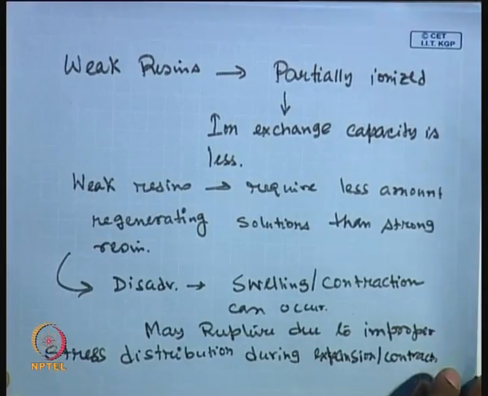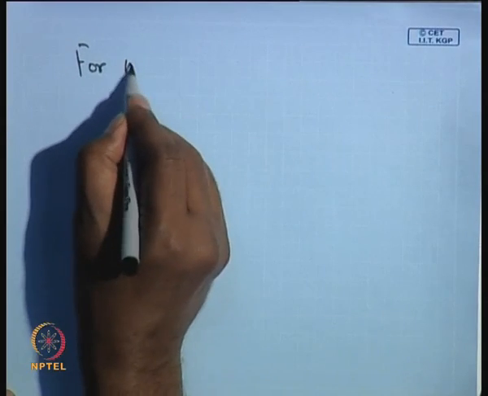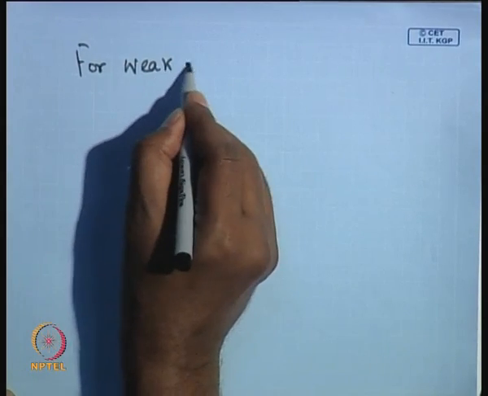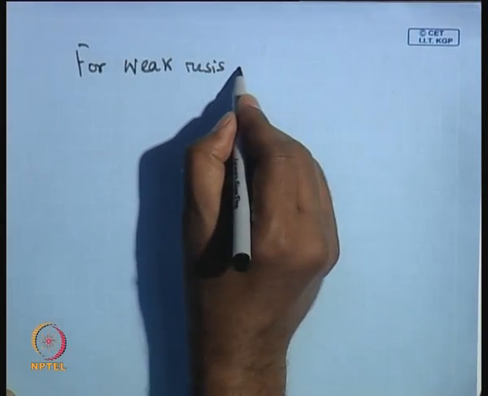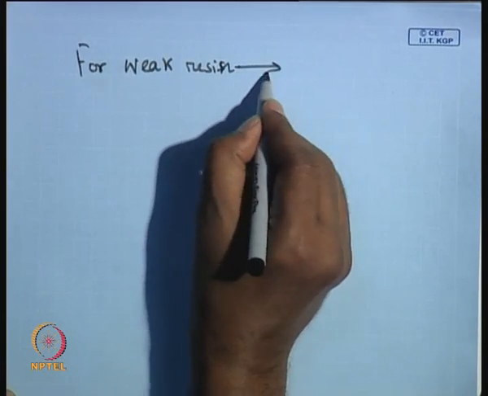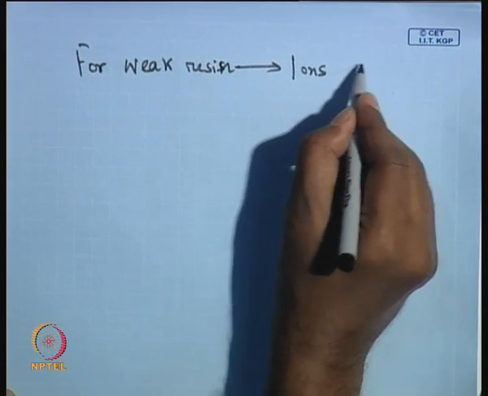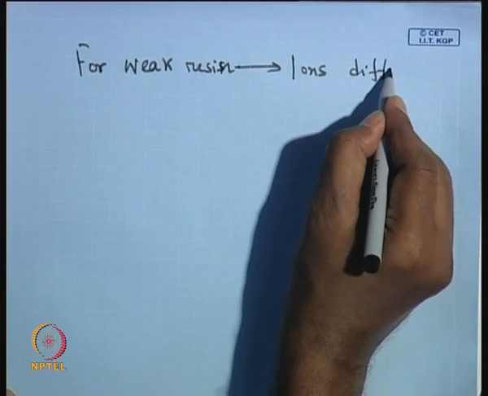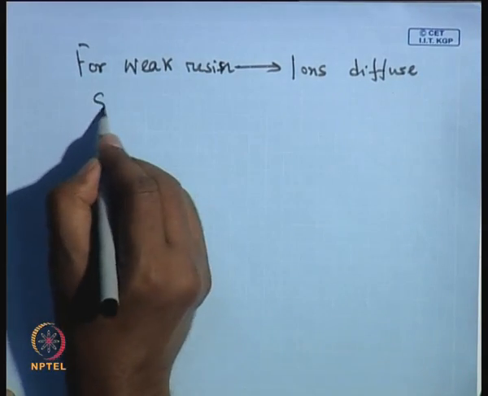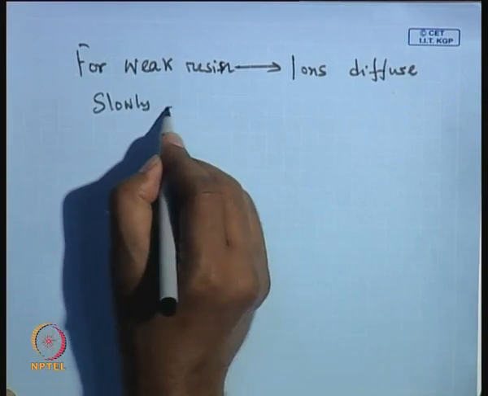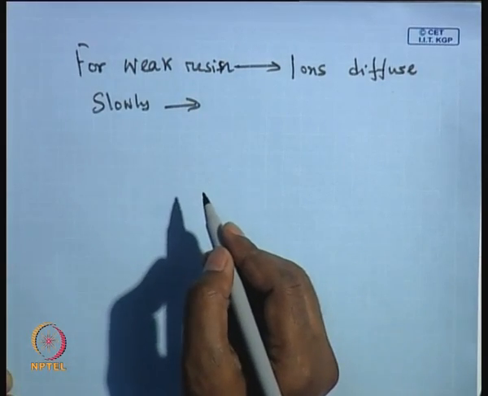Also, in case of weak resin, the ions diffuse slowly. When the ions diffuse slowly, then the mass transfer resistance will be extremely high, right.